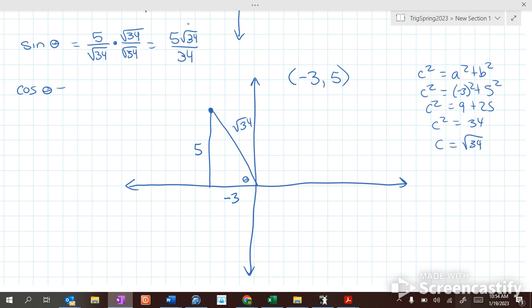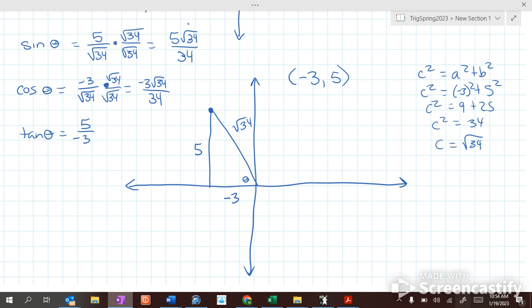Cosine of theta. What's the adjacent side? -3, hypotenuse, square root of 34. So if we multiply top and bottom by square root of 34, it's -3 square root of 34 over 34. Tangent of theta. Opposite, 5, adjacent, -3. So it's negative 5/3.